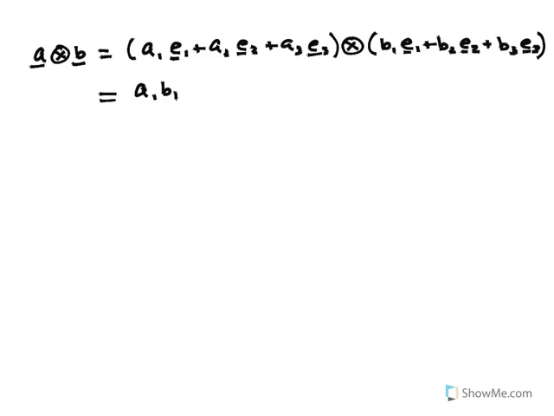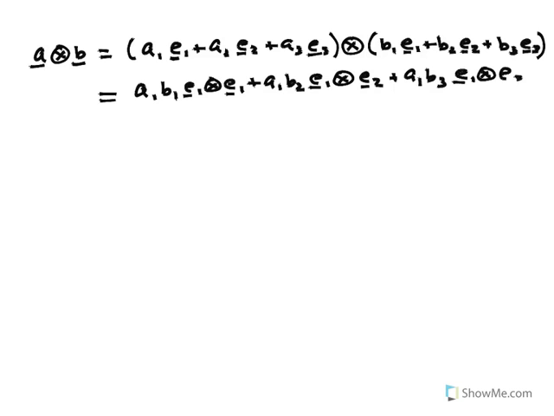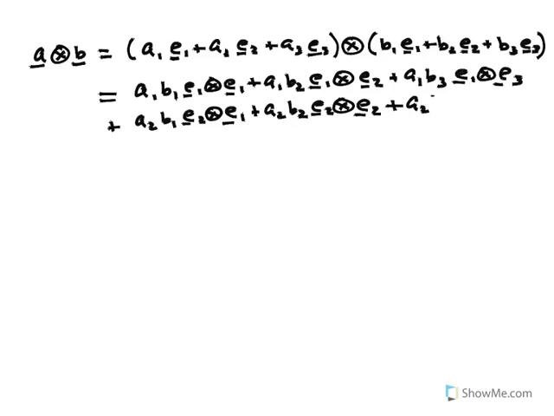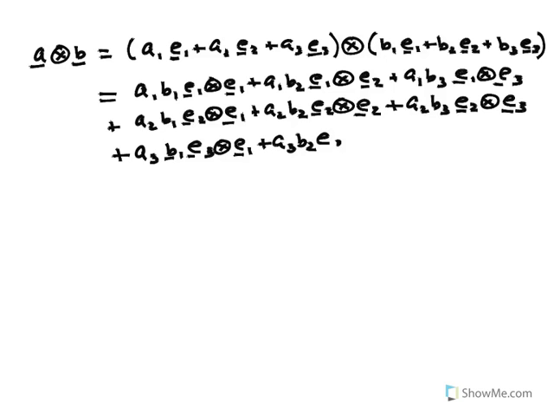We get A1 B1 E1 circle cross E1, plus A1 B2 E1 circle cross E2, plus A1 B3 E1 circle cross E3, and then plus A2 B1 E2 circle cross E1, plus A2 B2 E2 circle cross E2, plus A2 B3 E2 circle cross E3, and then finally plus A3 B1 E3 circle cross E1, plus A3 B2 E3 circle cross E2, and then finally plus A3 B3 E3 circle cross E3.